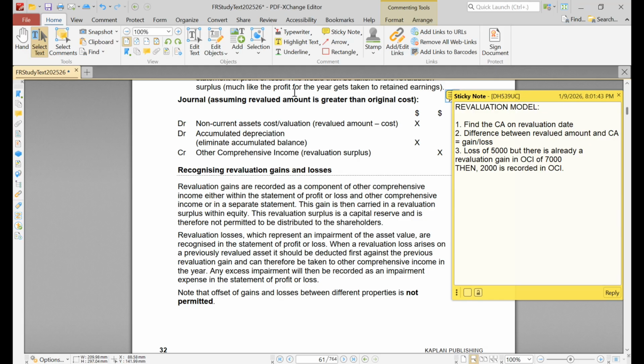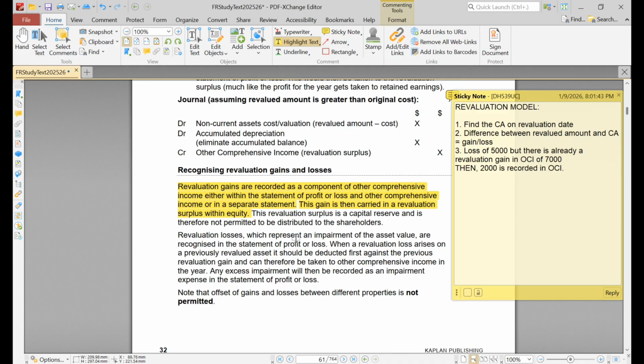Revaluation gains are recorded as a component of other comprehensive income, either within the statement of profit and loss and OCI or in a separate statement. This gain is then carried in a revaluation surplus within equity. So this revaluation gain is also recorded in equity. The revaluation surplus is a capital reserve and it cannot be distributed to shareholders.